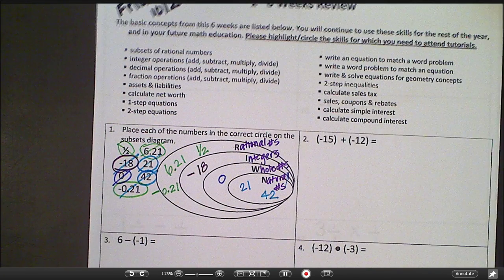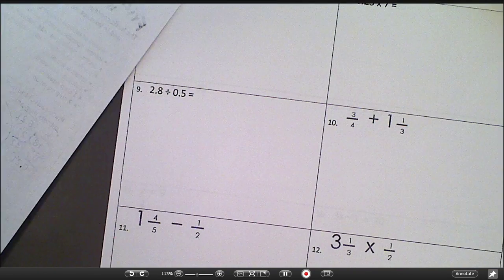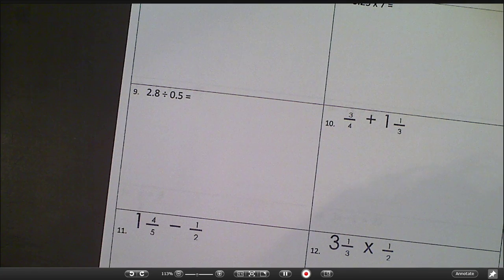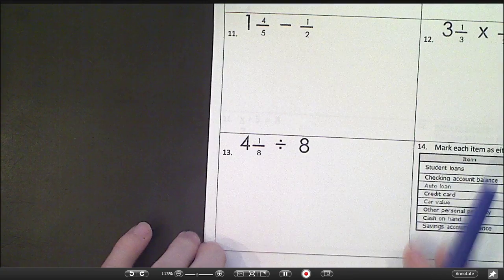Alright, I'm going to flip to, because I think your notes will take care of these first ones, okay? I want you to flip to, let's do number 13. Okay.